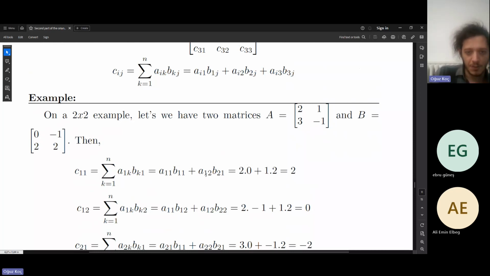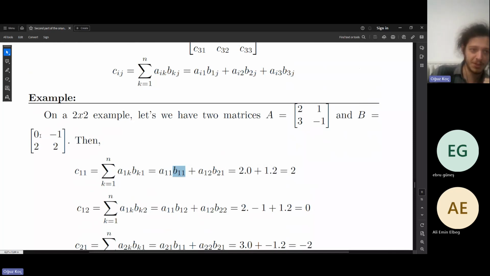So k in this term is equal to 2. Therefore, we put 2 in for k, and we get plus A12 times B21. And then it is easy. We know that A11 was 2, therefore we put the value 2 here.